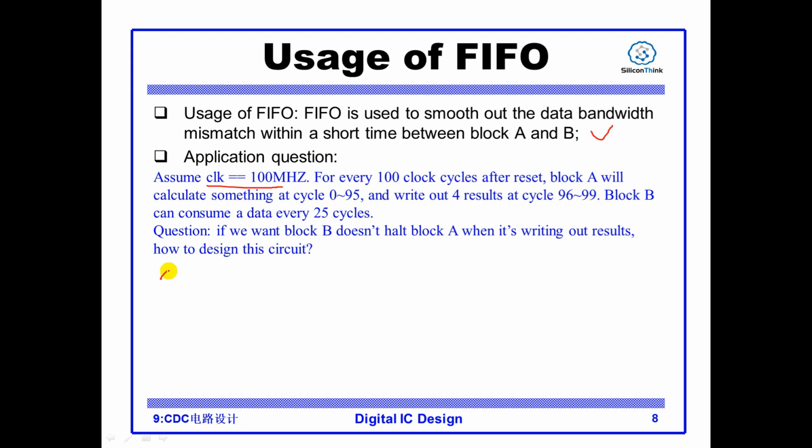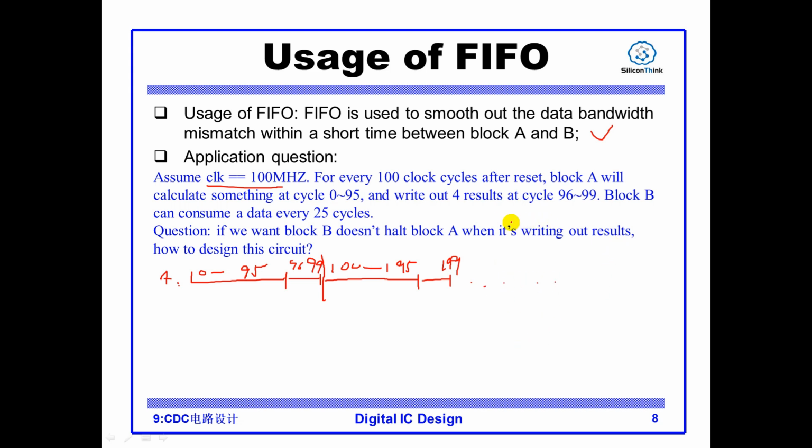That is for block A. It will do the calculation, then output 4 data in 4 cycles. Then it will repeat this behavior for every 100 cycles.